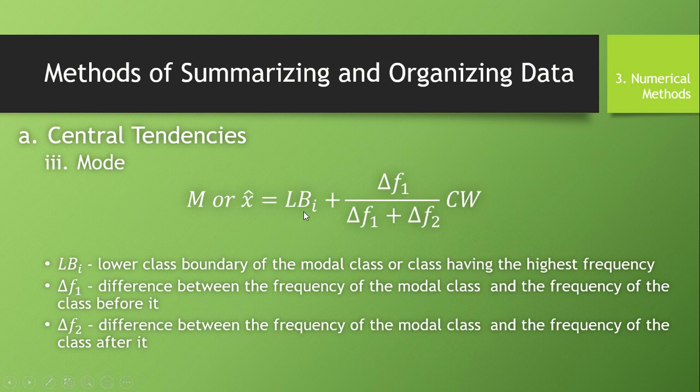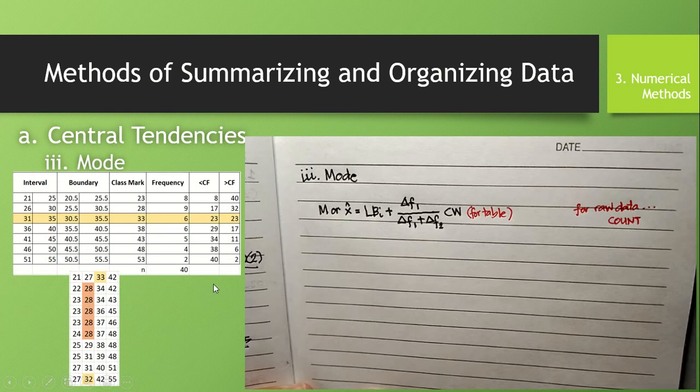Now LB sub i is not the lower class boundary of the median class, but rather the modal class. When we say modal class, this is the class which has the highest or the largest frequency. So in our case, the class interval which has the largest frequency is the second class interval, because its frequency is equal to 9. So this will be our modal class.